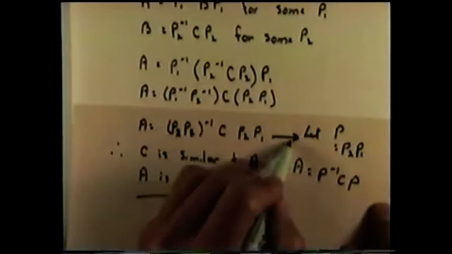In fact, I can show you that. Let matrix P equal P2 P1. So we would have A is equal to P inverse C P. So if you don't follow it this way, then follow it like that.